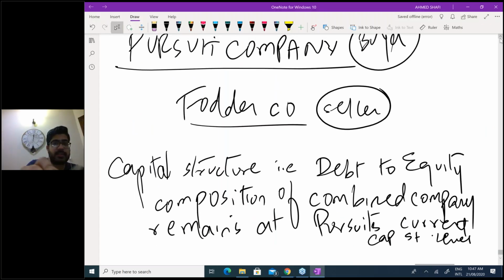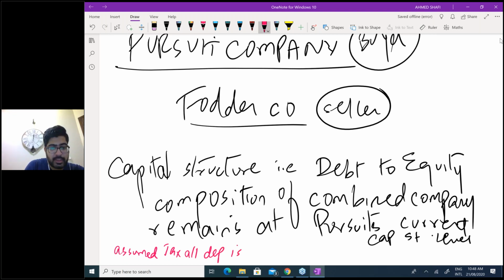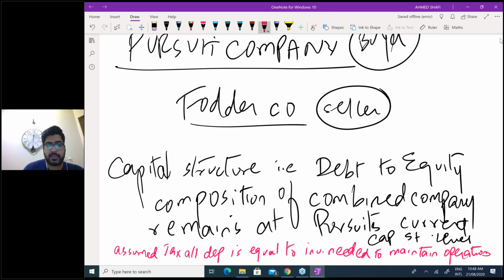The question states it can be assumed its tax allowable depreciation is equal to investment needed to maintain operations.